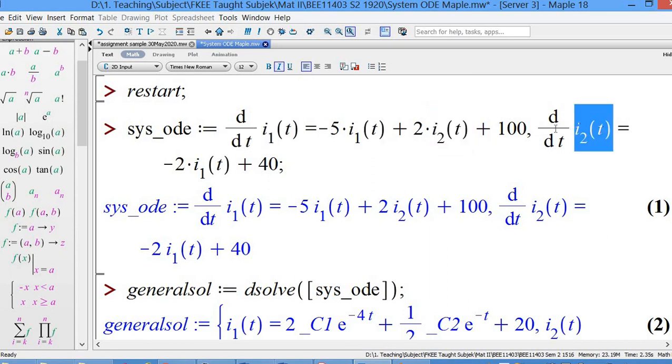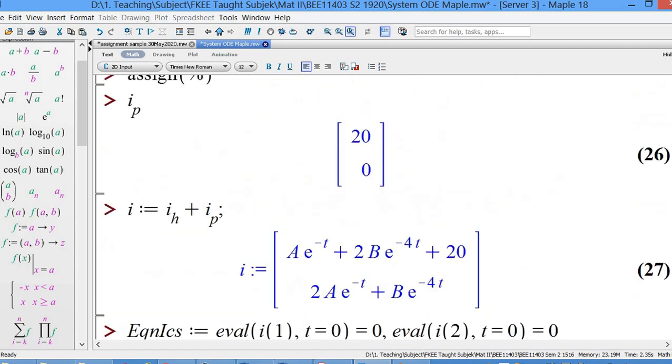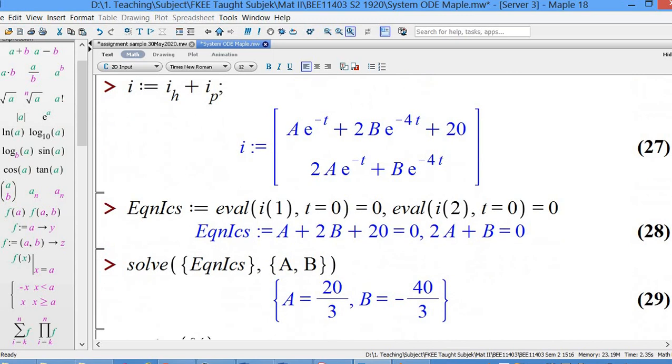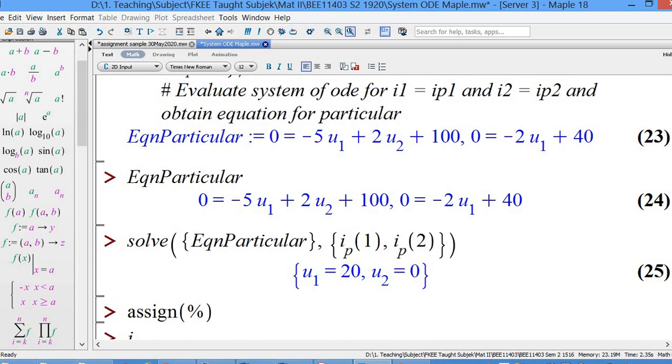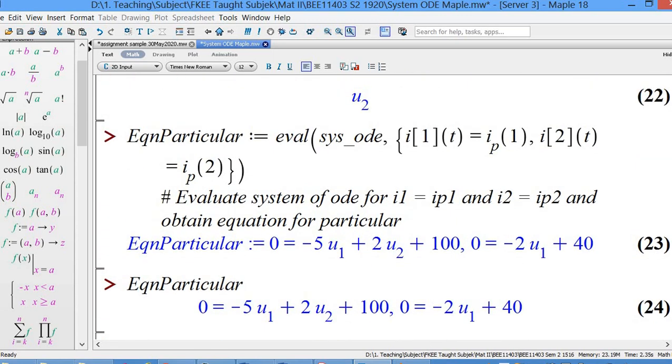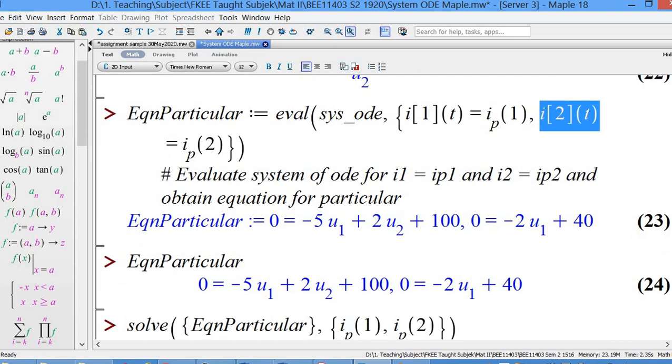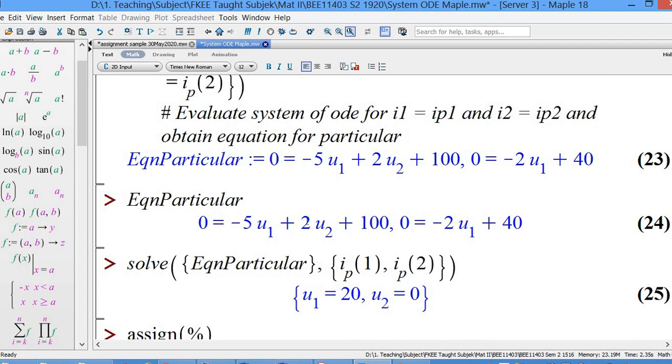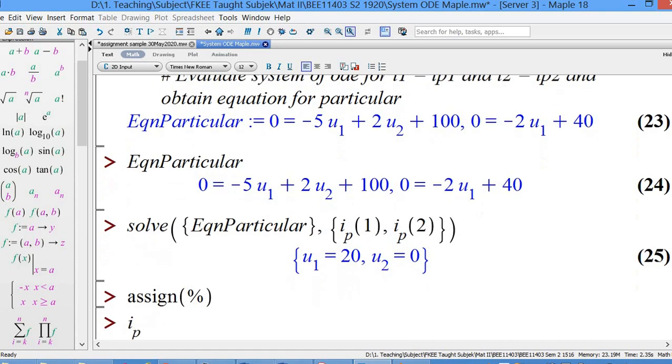When I2 is U2, d/dt U2 you get 0. So that's what we put here. For the system of ODE, plug in I1(t) equal to IP1, I2(t) equal to IP2, and then we solve these two equations simultaneously for U1 and U2.